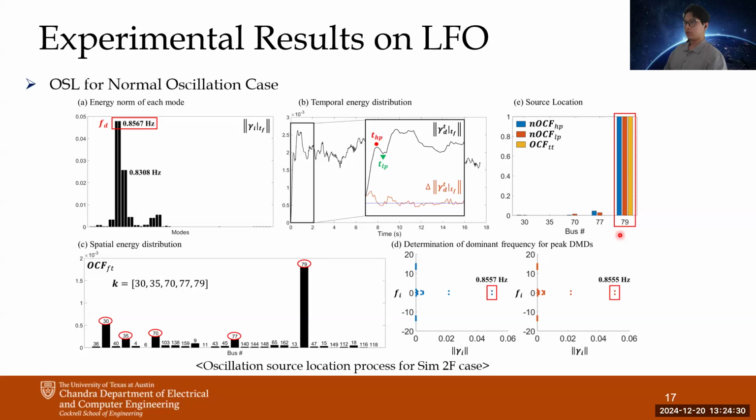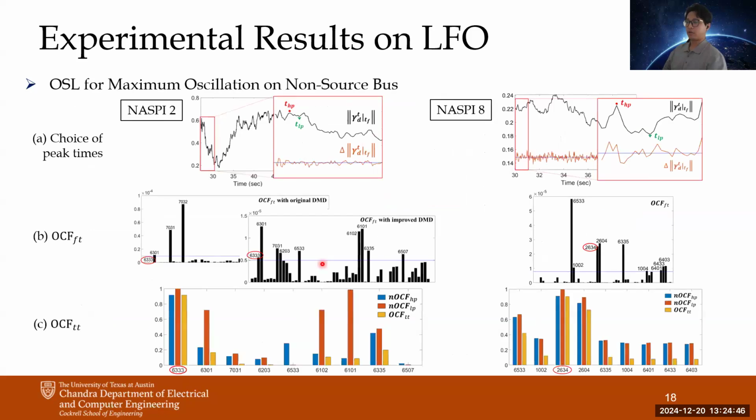But one thing we should notice here is that in the normal oscillation case, there's no need to analyze this early stage energy, because we can still get an accurate source bus, which is bus 79, even when we use the full-time measurements. But this is not true for the abnormal oscillation cases.